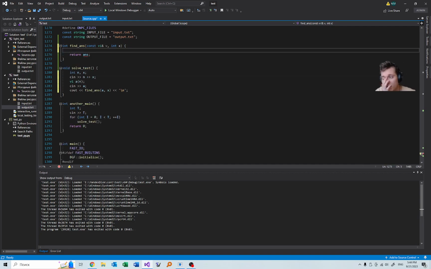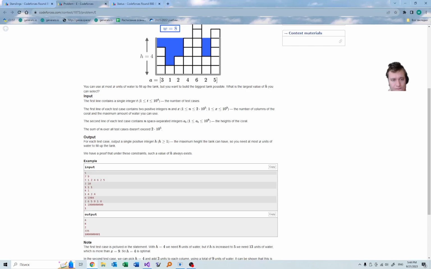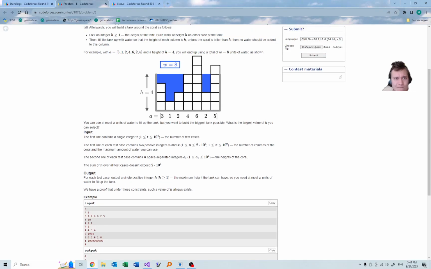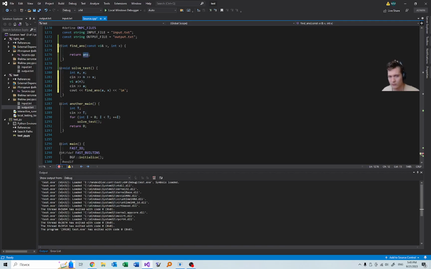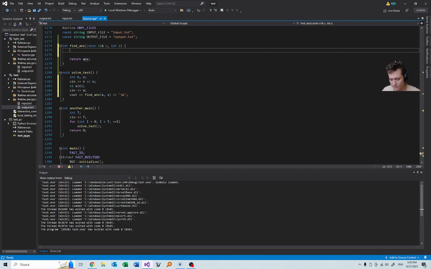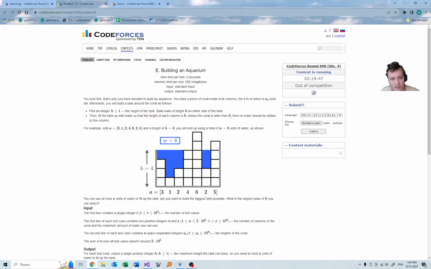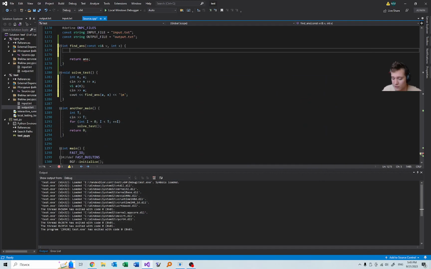So we want to find the maximum h. Actually, we can just use the binary search and not bother about everything else. It is a bit slower than the linear solution. There is a linear solution, but we will use the binary search.